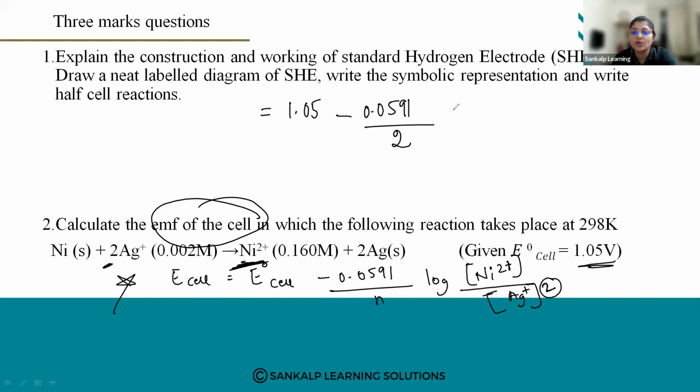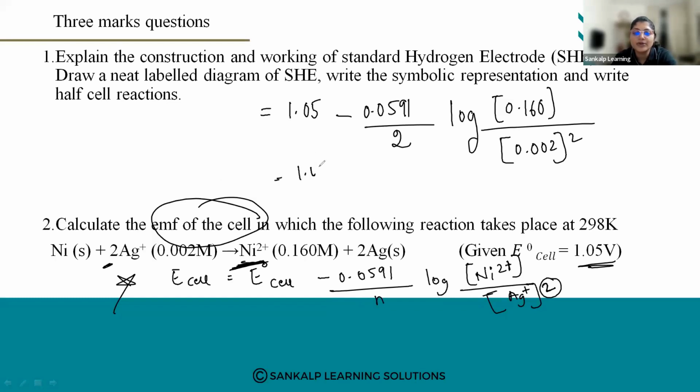Then log of Ni 2 plus, the value given is 0.160, divided by Ag plus, which is 0.002 squared. Okay, so now solve this, students. So this will be 1.05 minus 0.0591 divided by 2.